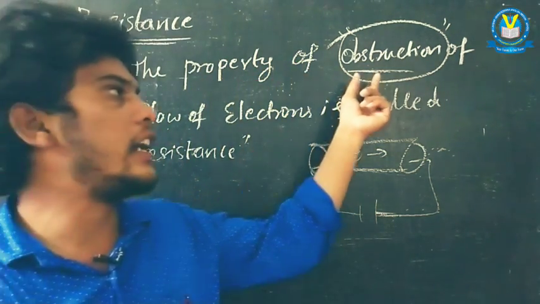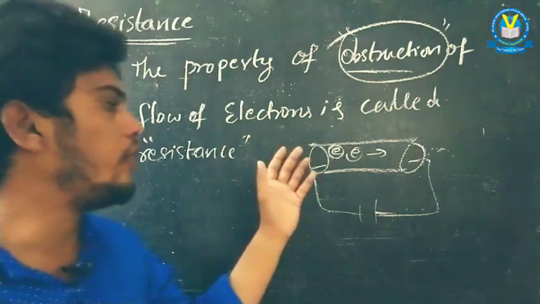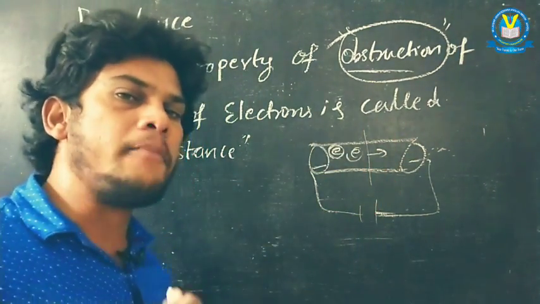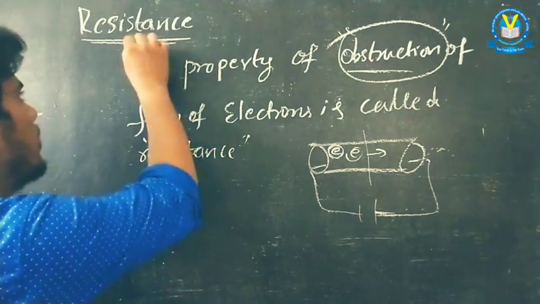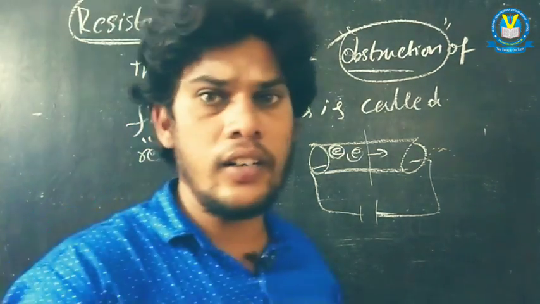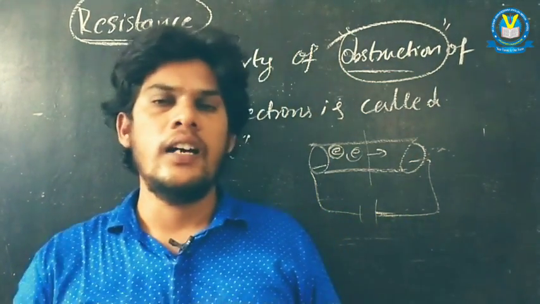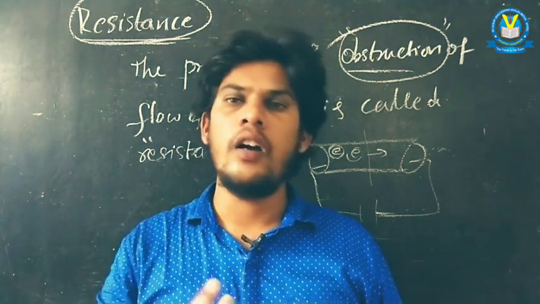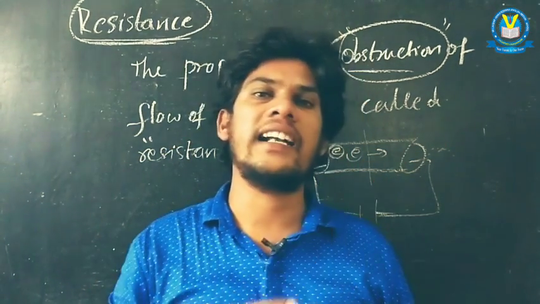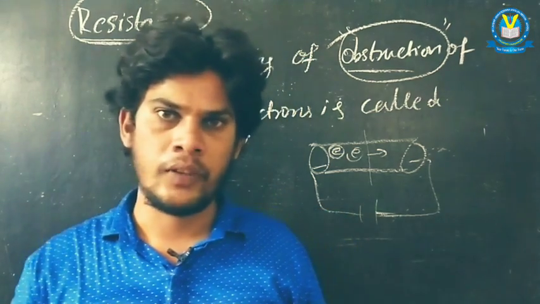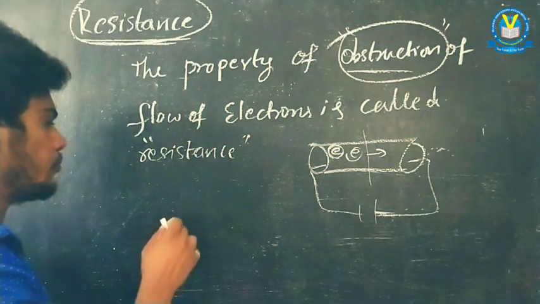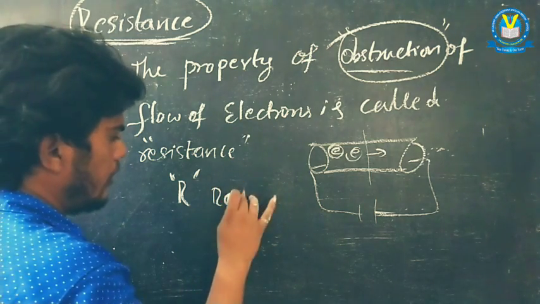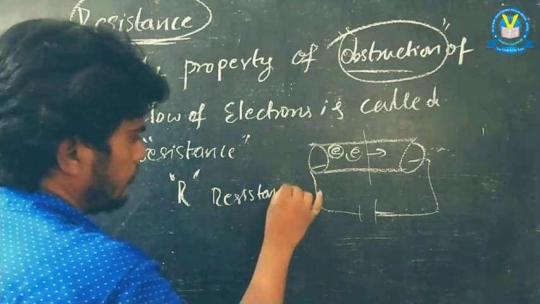That property is nothing but an obstruction of the flow of electrons. That obstructing character is called resistance. So resistance is nothing but the obstruction, the stoppage of the flow of electrons in the conductor. It is denoted with the letter R.